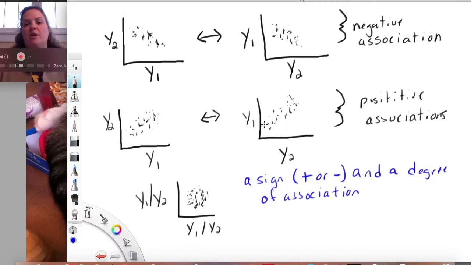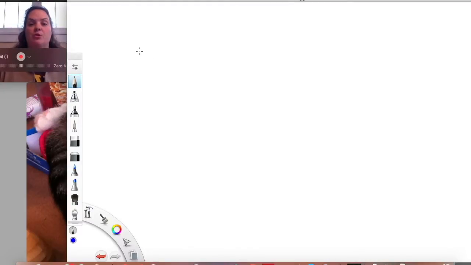So this would be a positive association. This would be a negative association. But again, we are not trying to place any cause and effect in this at all. We're simply asking, are these two dependent variables codependent on each other?